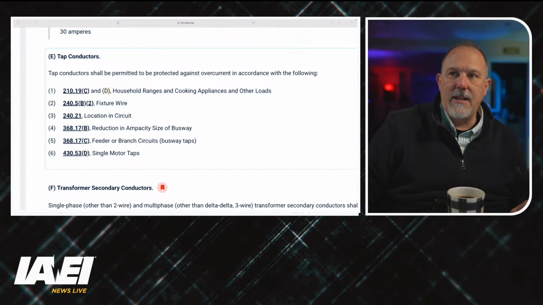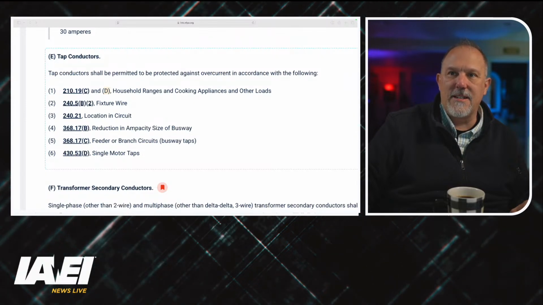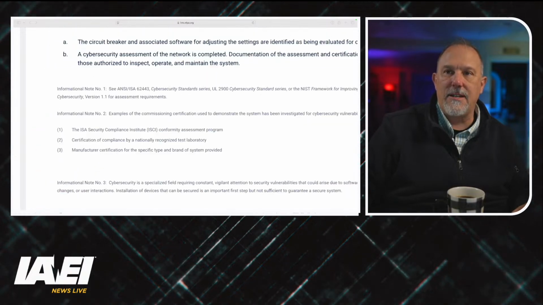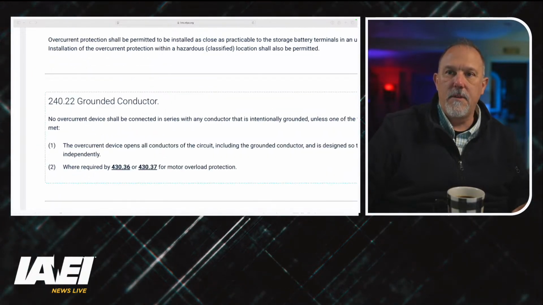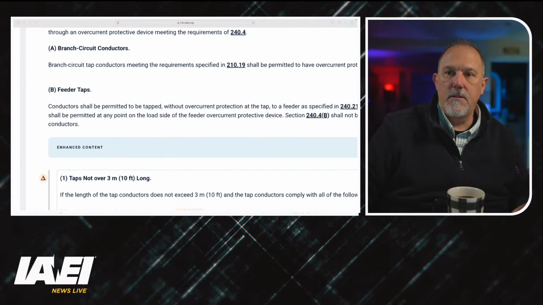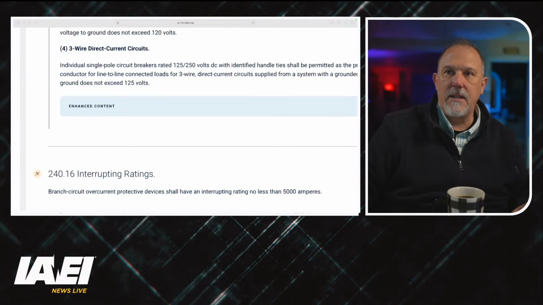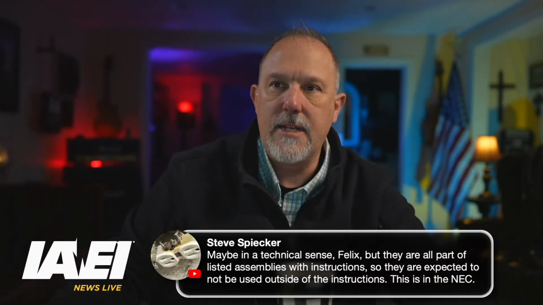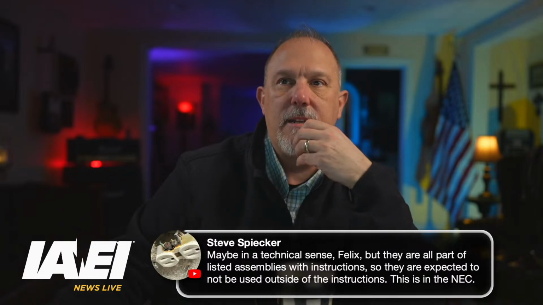210.19(C) and (D), household ranges and cooking appliances and other loads. If I go to 210.19(C) and (D)... Hold on. 210. Wait a second. 210.19 (C) and (D).